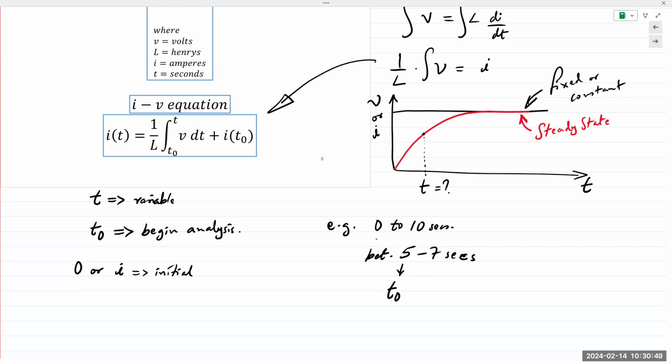If you begin your analysis at 5 seconds, then you also have to account for the energy that was stored in the inductor at the beginning of your analysis. And that is what this quantity represents. i of t0 is the stored energy, the previously stored energy in that inductor or capacitor.